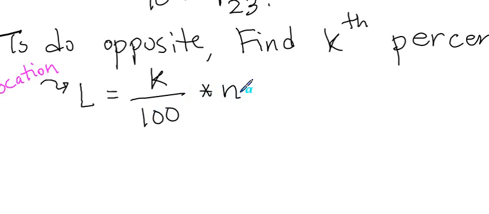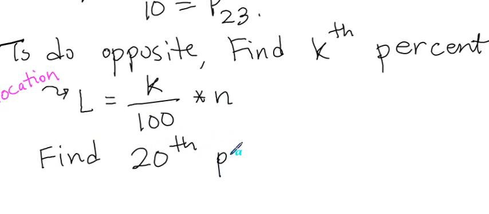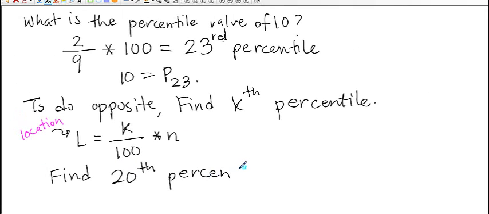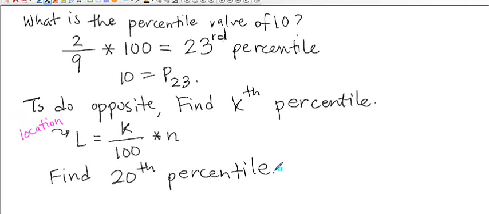For example, if I want to find the 20th percentile in this data set, k here is 20, so I want to find P sub 20. You do 20 over 100 times n.